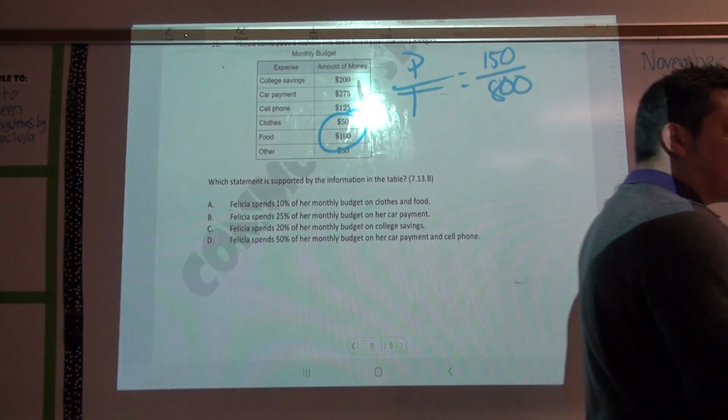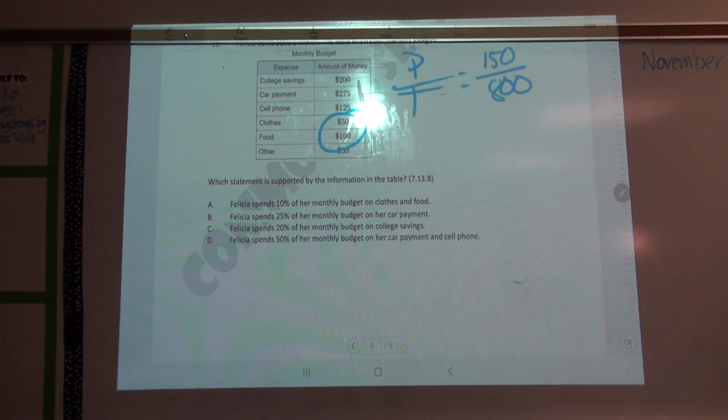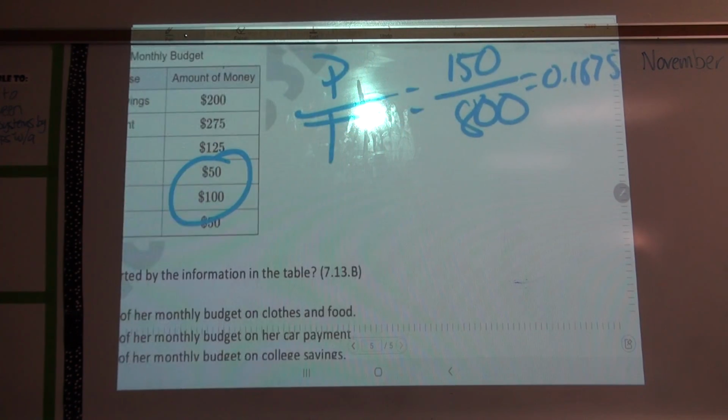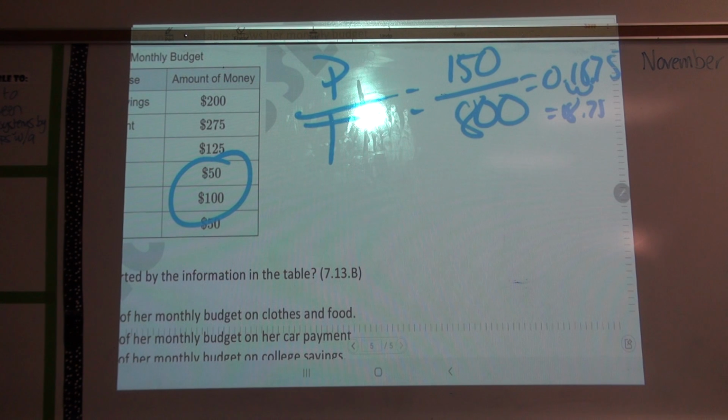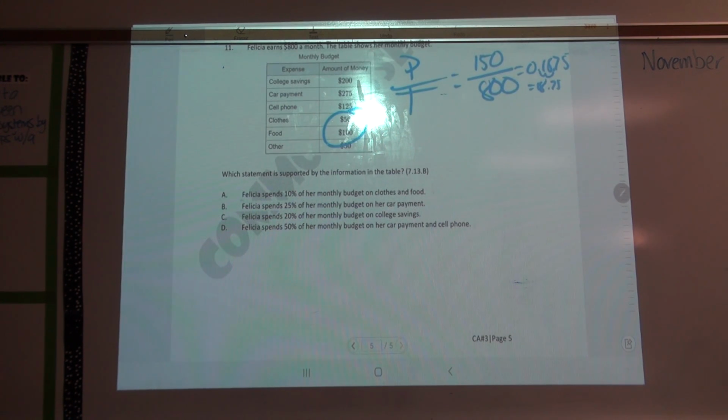All you had to do was divide. So 150 divided by 800 gives you 0.1875. And if you convert it to a percent, that's 18.75%, which is not it.